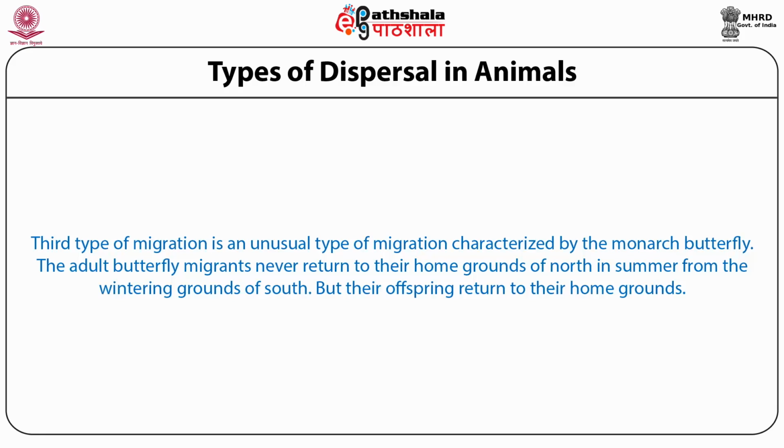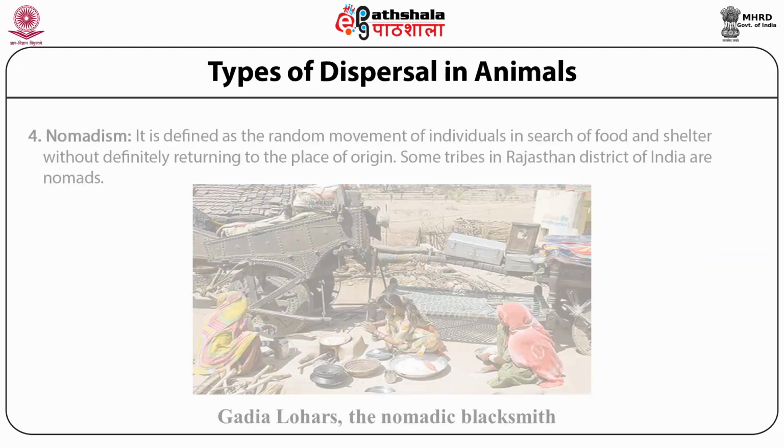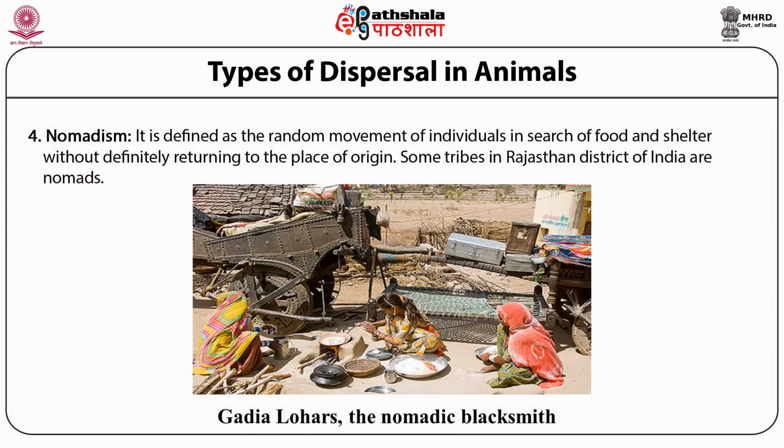Some leafhoppers, some bugs, and the milkweed bug undertake similar but less extensive migration. Nomadism. Nomadism is defined as the random movement of individuals in search of food and shelter without definitely returning to the place of origin. Some tribes in Rajasthan district of India are nomads.